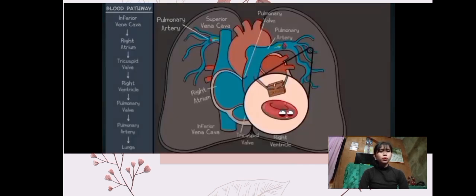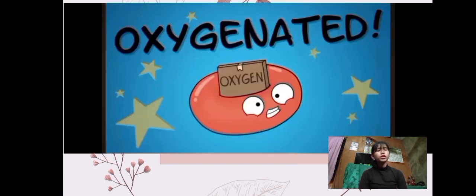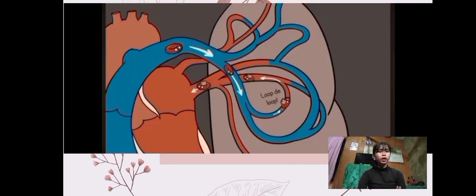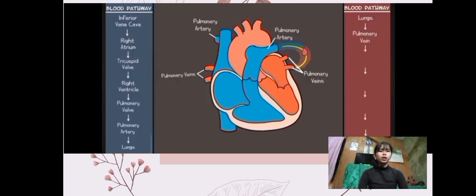The lungs is where the red blood cells in the blood will take on oxygen and release carbon dioxide. Now this blood is oxygenated. Now that it is oxygenated, it needs to return to the heart so that the heart can pump it throughout the body. The oxygenated blood travels through the pulmonary veins to the left atrium.